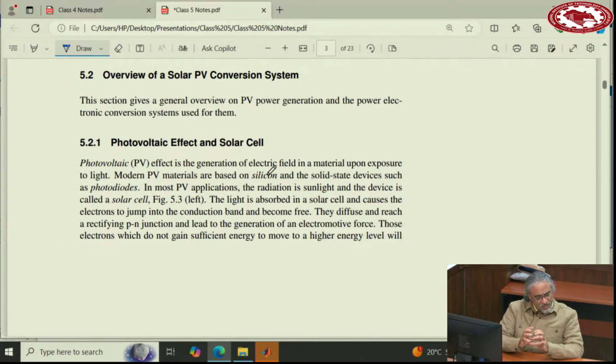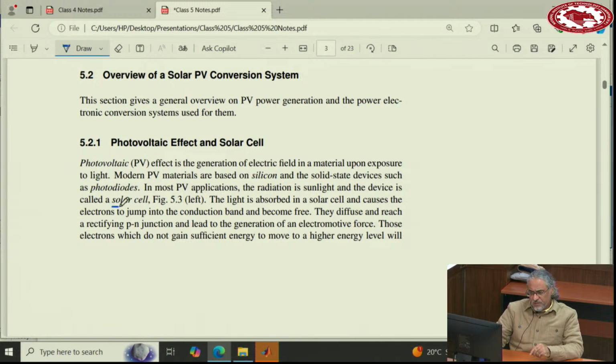In other words, if they can absorb sufficient amount of energy so that they become free, they can just move outside, there will be electricity. If they can just move a little bit and they cannot become free, they may come back and lose their energy as heat, or just stay at a higher level of energy. So this phenomenon is called photovoltaic phenomenon.